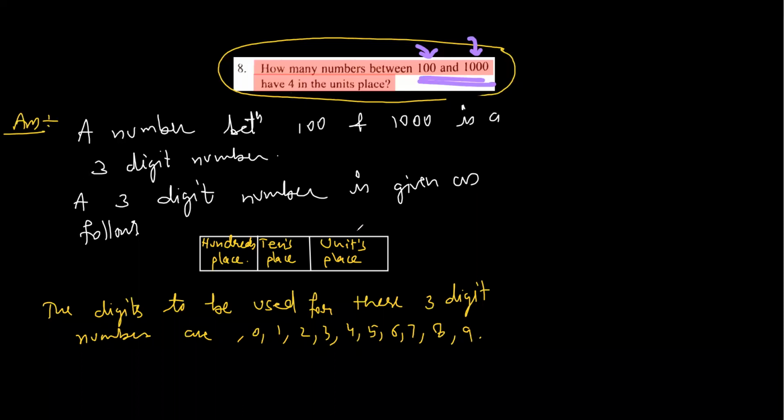Now the units place has to be 4, so the units place can be selected in one way, and then this, and then this. I just explained, you will complete it.